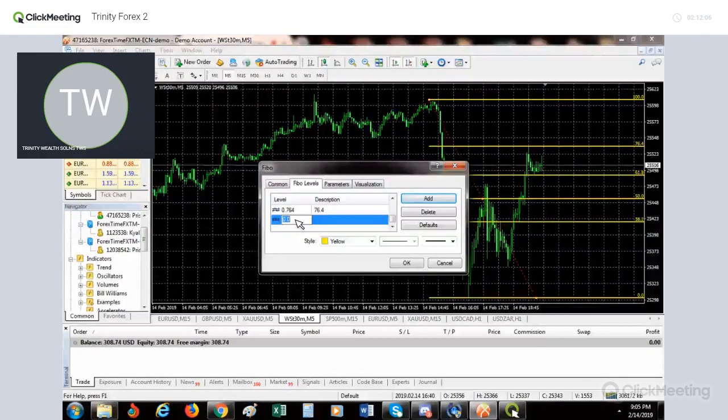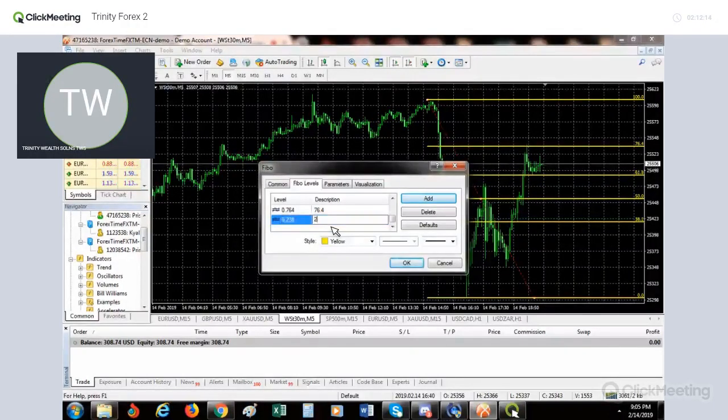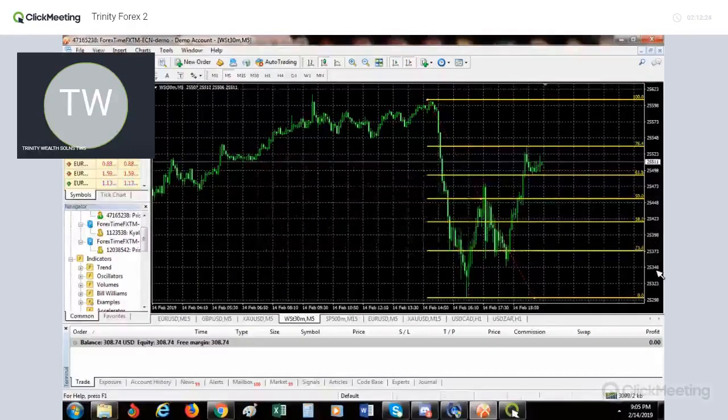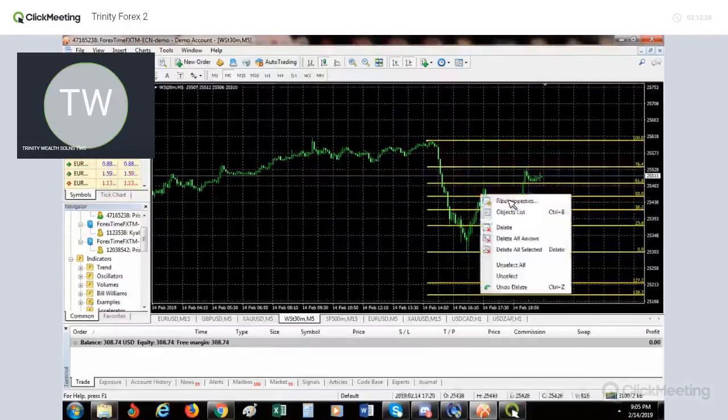In this case I will add 0.238 as the level. Then for the description I put 23.8, and say okay. It has added 23.8. To add the extensions, mine is 127.